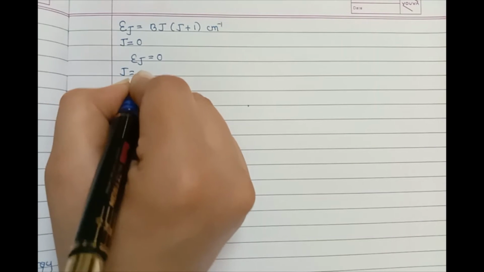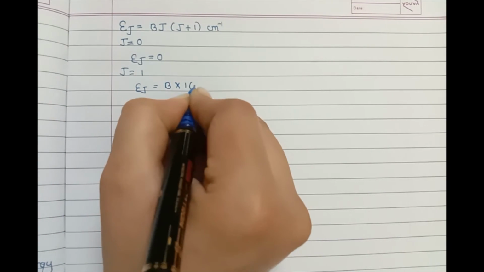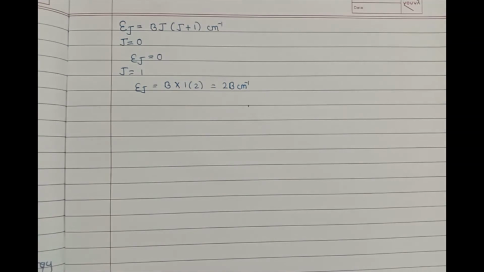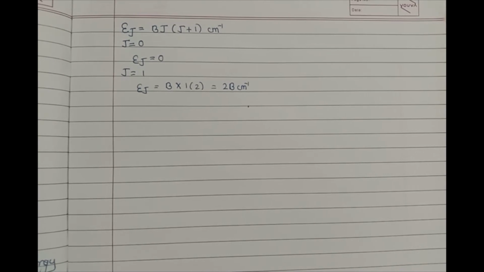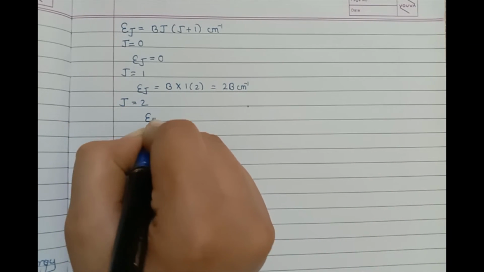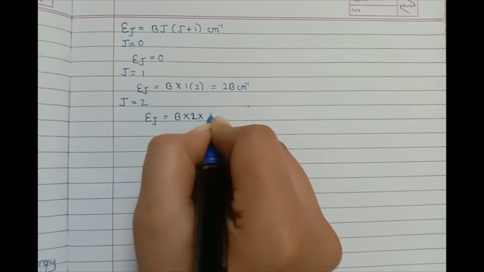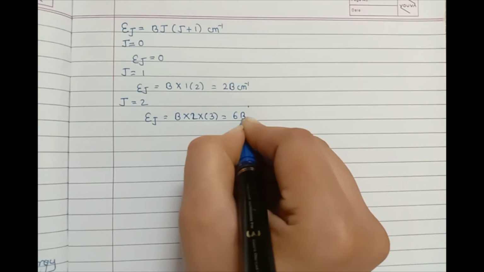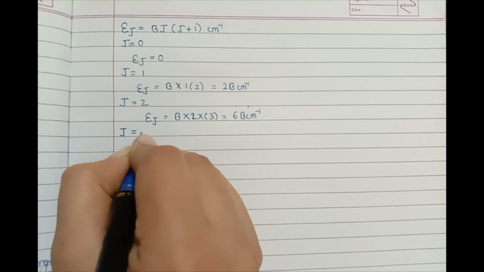When j is equal to 1, epsilon j is equal to b into 1 into 2, that is 2b centimeter inverse. We are expressing this in terms of b. So j is equal to 2, epsilon j will be b into 1 into 2 into 3. So it will be equal to 6b centimeter inverse.